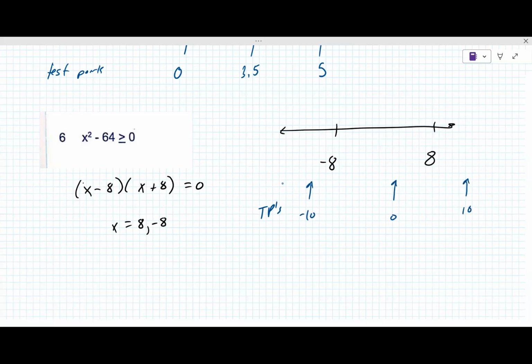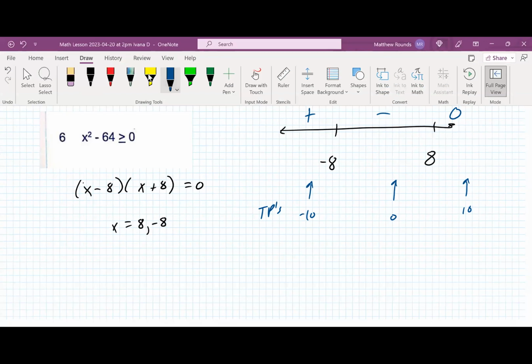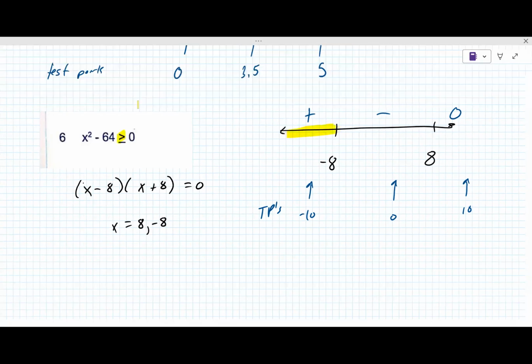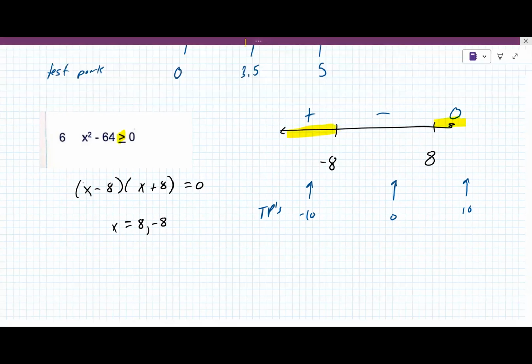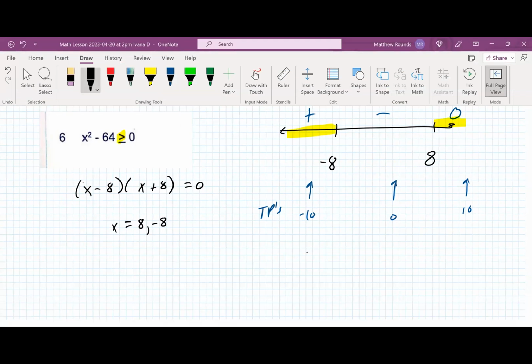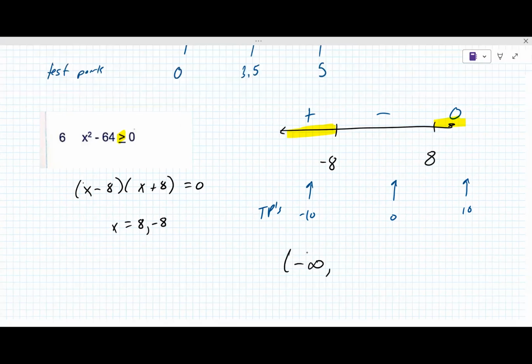But it will be positive, negative, positive. And the answer you're looking for here, where it's greater than 0 this time, is on the outside. And this one we'll have to maybe spend some time talking about next time, but it's minus infinity to minus 8, union 8 to infinity.